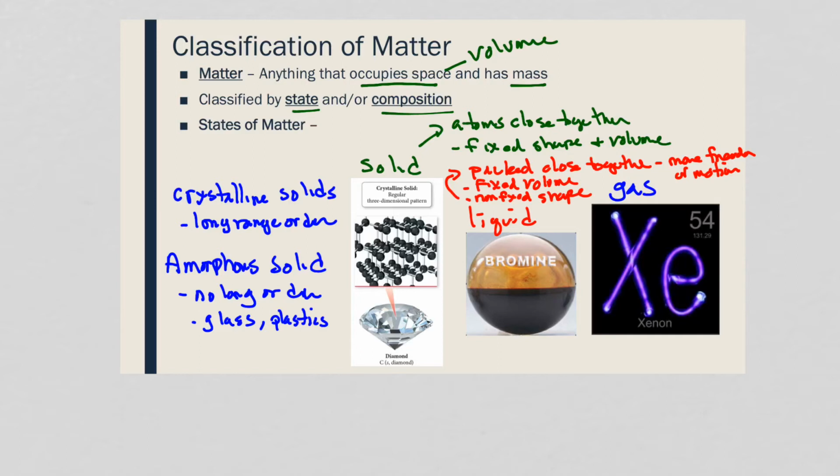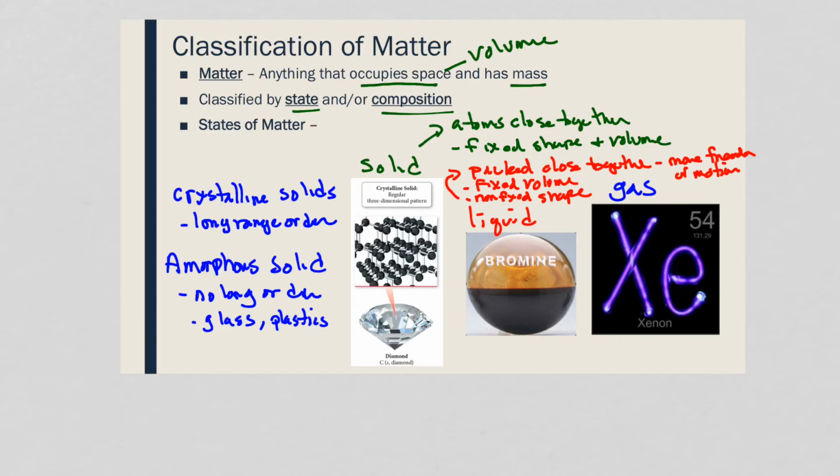So, while it does have a fixed volume, so if I have 1 liter of water, it is 1 liter of water, whether it's in a 1 liter container or a 5 liter container, right? It doesn't change volume, but its shape will change, right? If I put it in a square container or a round container, it will adapt to whatever the shape of the container I put it into, right? So this is why liquids can be poured and flow through pipes, etc.